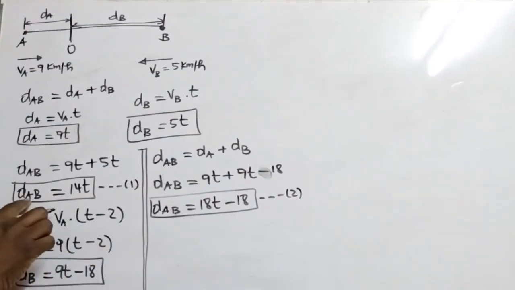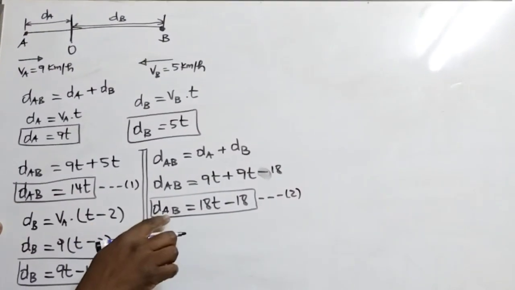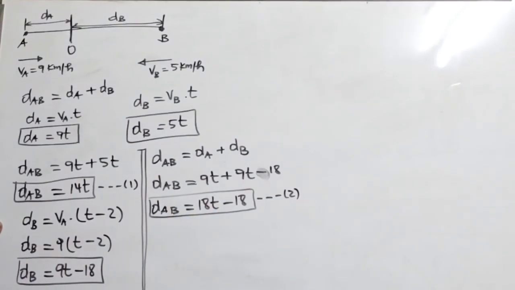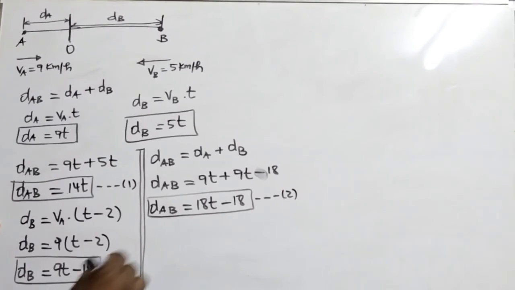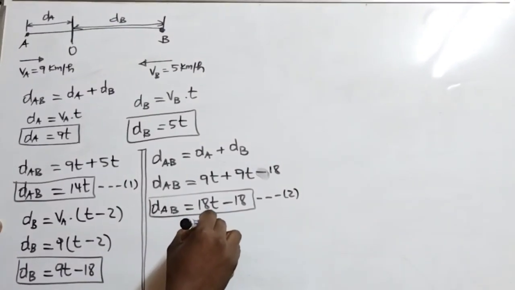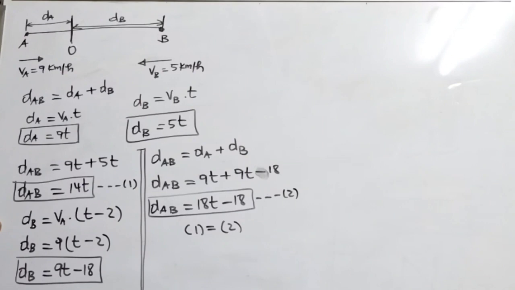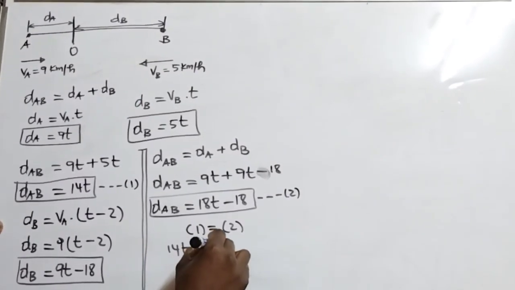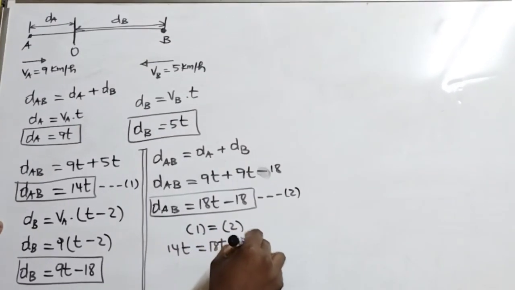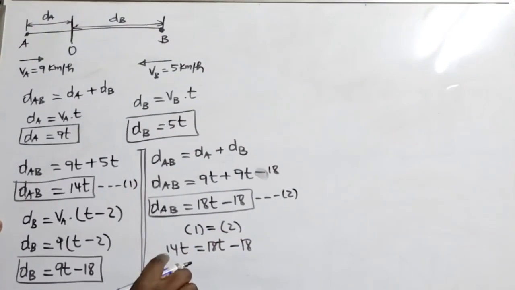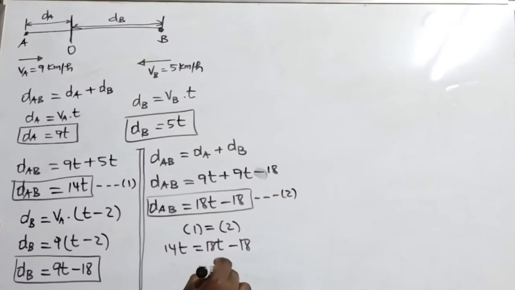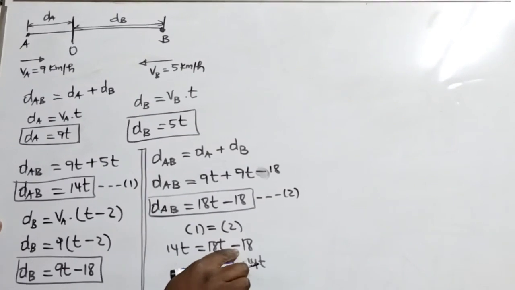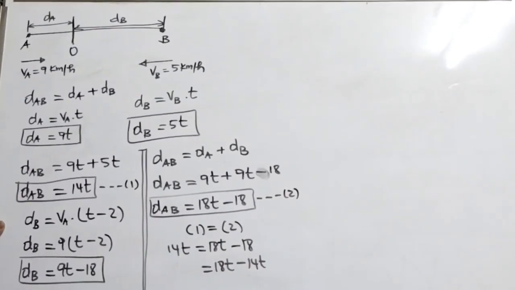Equation 1 is 14t, and equation 2 is 18t minus 18. The two equations represent one and the same distance. So I'm going to say equation 1 is equal to equation 2. Equation 1 is 14t, and equation 2 is 18t minus 18. I'm going to take 14t and bring it to the other side, so I'm going to have 18t minus 14t, and I'll take minus 18 and bring it to the first side.